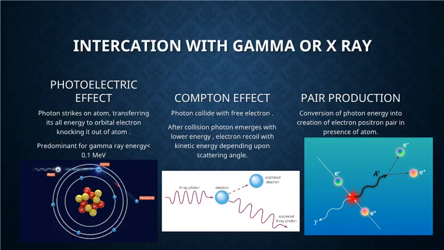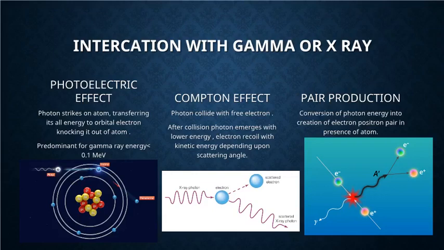Matter consists of atoms with a positive nucleus and orbiting electrons, and maybe free electrons. Now if the incoming photon is incident on an atom, transferring all its energy to an orbital electron and knocking it out of the atom, these electrons are photoelectrons and the phenomenon is called the photoelectric effect. For this to happen, the incident photon must carry a minimum energy called the threshold energy, which depends on the material.